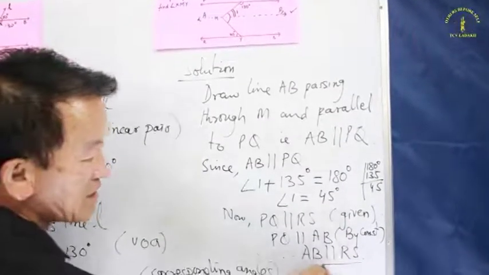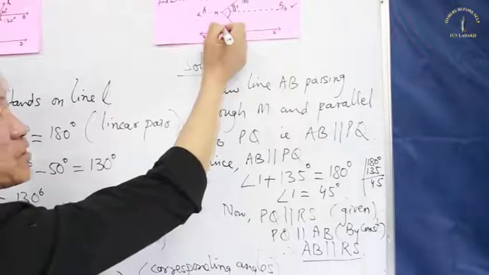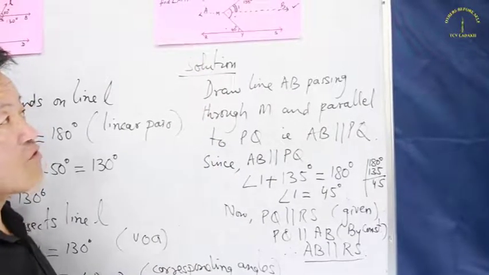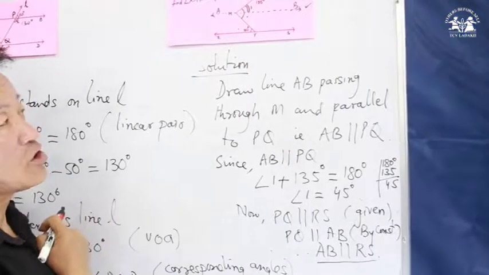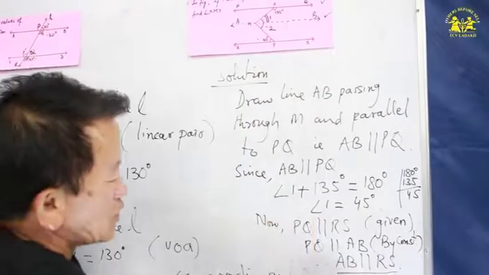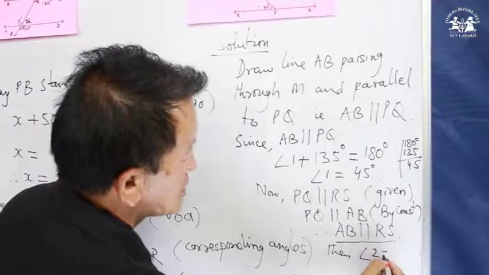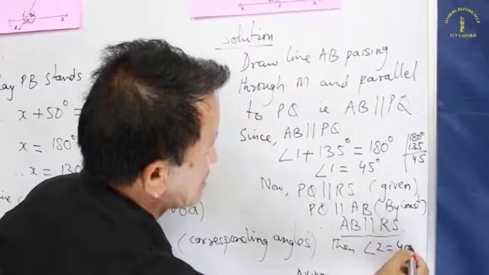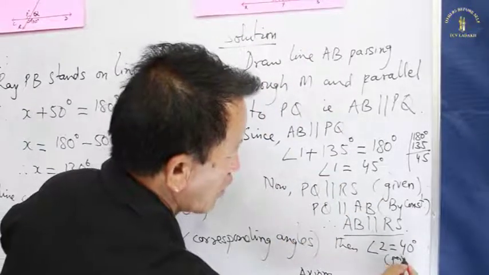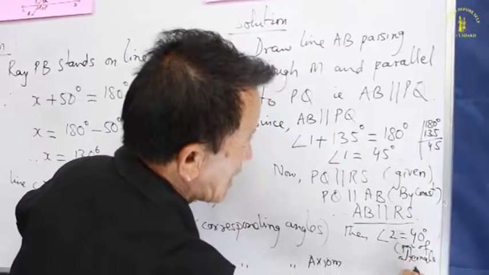So if these two lines are parallel, then these two angles form a pair of alternate angles, so these two angles will be equal. Let's say this angle is angle 2. Then angle 2 is equal to 40 degrees, as these two angles are a pair of alternate angles, right?